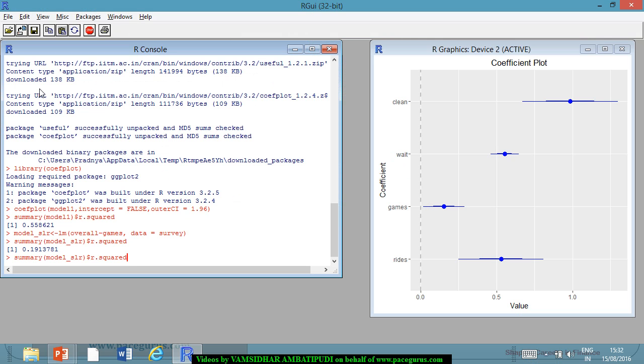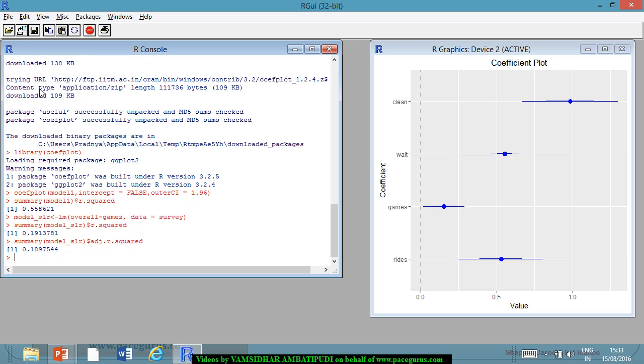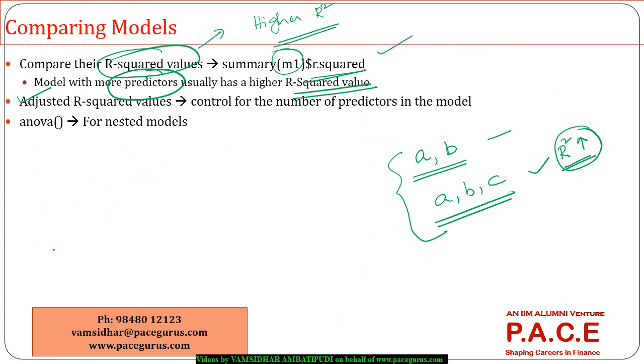So the same thing, instead of taking the R squared, we will take the adj dot r squared, which is the adjusted r squared. The adjusted r squared is actually simply a formula, which is just adjusting for the number of predictors. It is controlling for the number of predictors in the model.